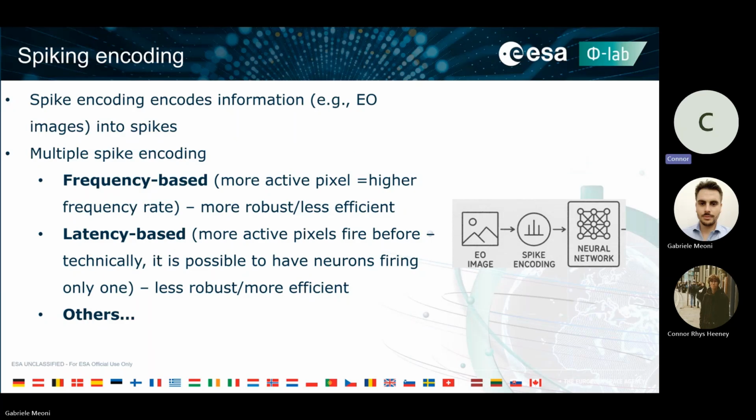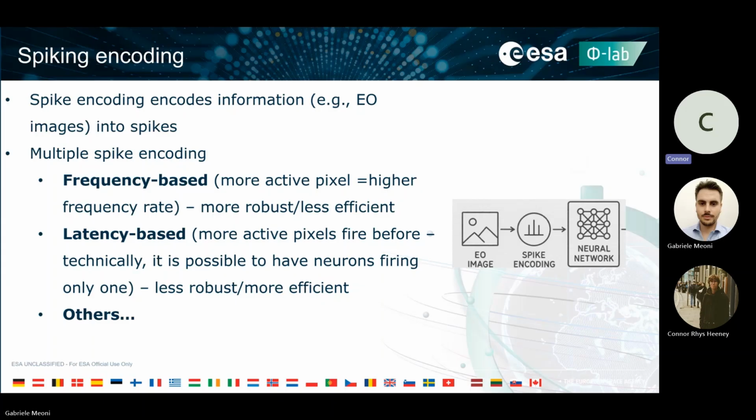Or you can have the latency-based coding. Instead of using the frequency, the higher the pixel, the faster is the neuron, the earlier you create a spike in the spike train. So there is a difference depending on the way you do it. Since here you fire a lot, you have a lot of power consumption, but you are more robust.